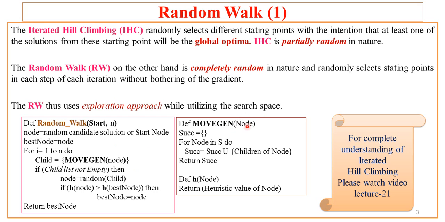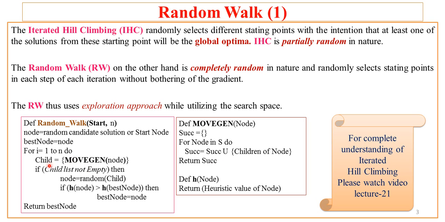MOVEGEN will take a node. It will first search the node in the list of successors for the given problem. And if that node is available in the list of successors, it will extract the child node or children of the given node and will return that list to the main algorithm, that is the random walk algorithm.